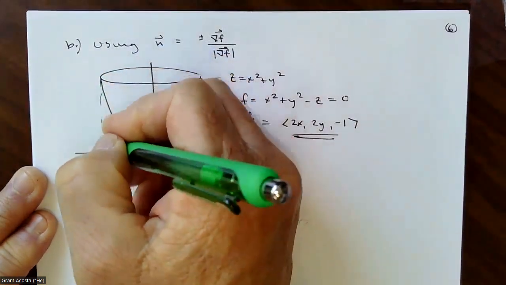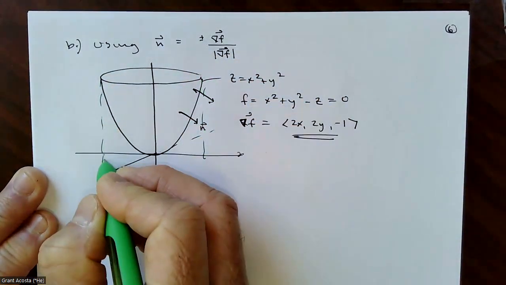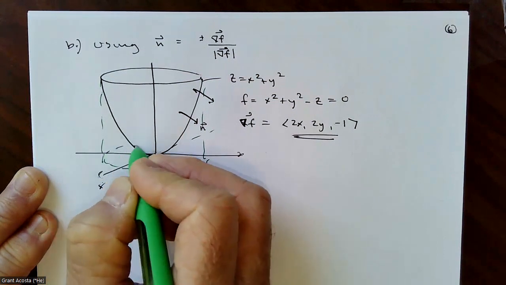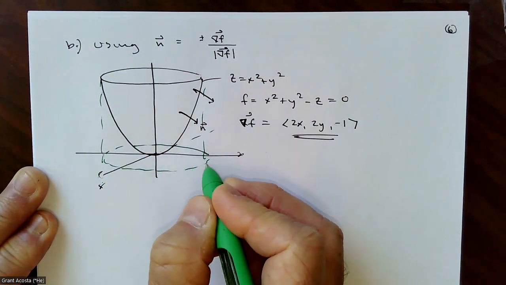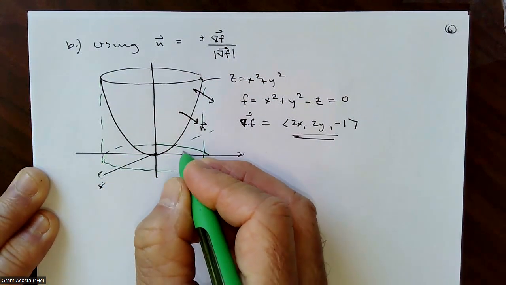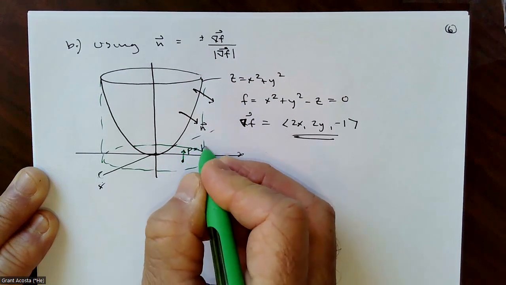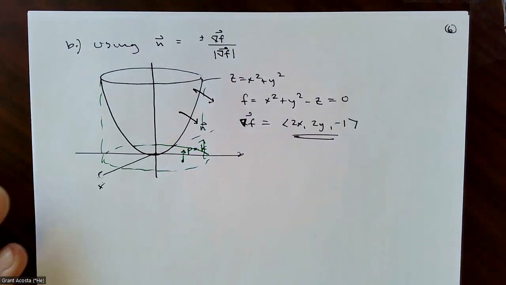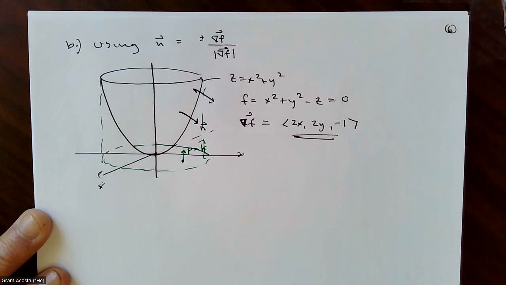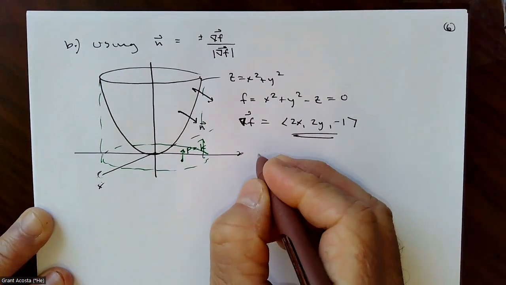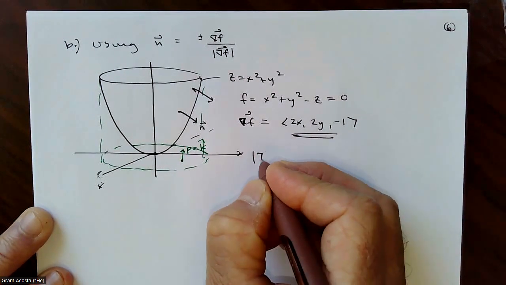Your projection region, like we did on the previous one, would be onto the xy plane. So your P is K. So then what else do I need? I need the magnitude.